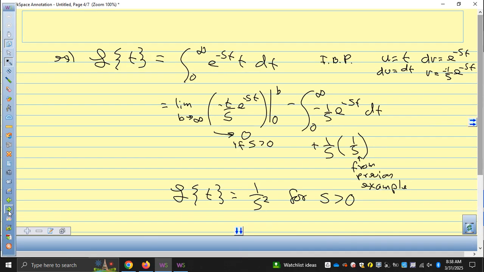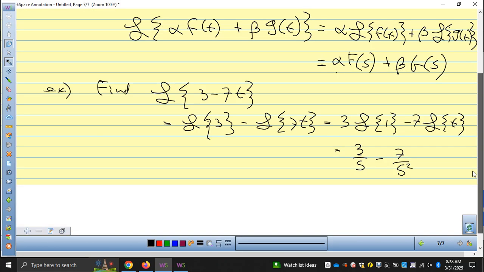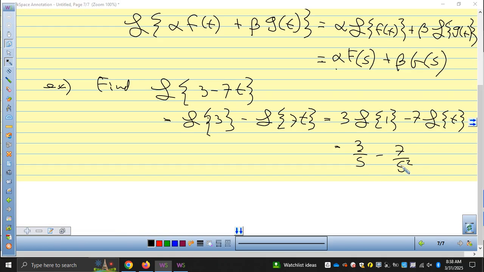So you might imagine that often, in application, rather than this, we would have something like 3s squared minus 7s over s cubed. And then we have to rearrange that somehow so that we could look these two terms up in our table of Laplace transforms. So we end up with rational functions.